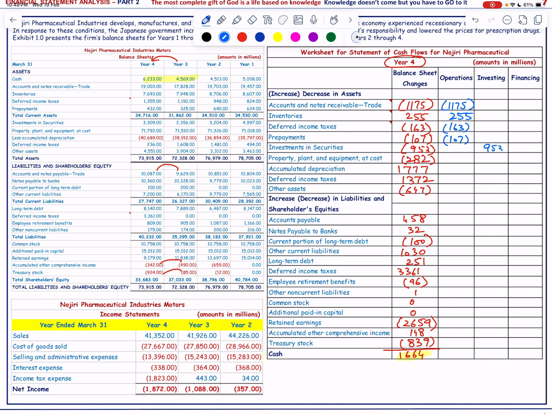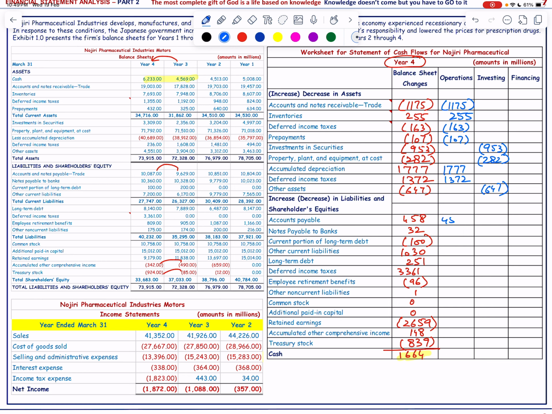Then we have the property, plant and equipment 282 increase. Then accumulated depreciation is an operating activity 1777. Then we have deferred income tax 1372. Other assets is 647. Then accounts payable is 458.